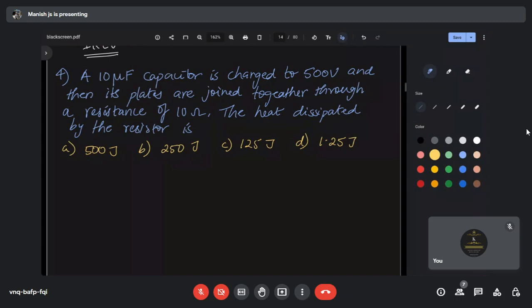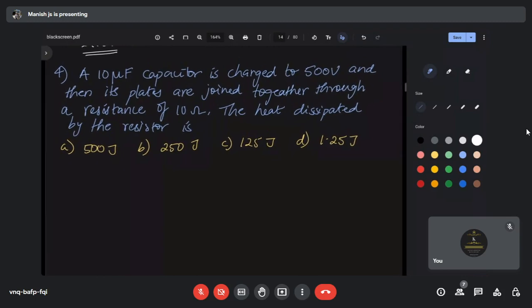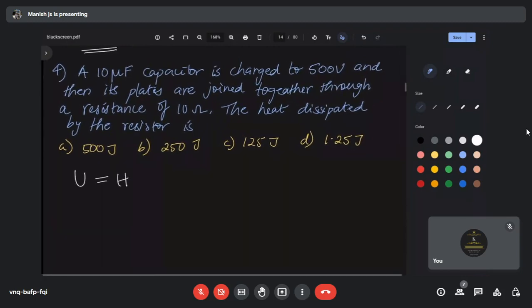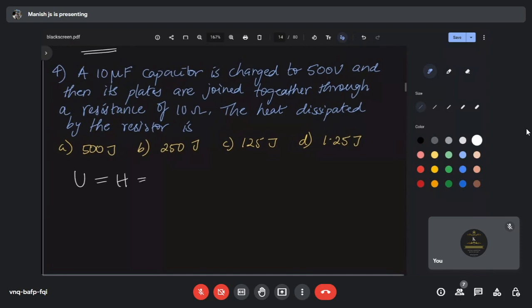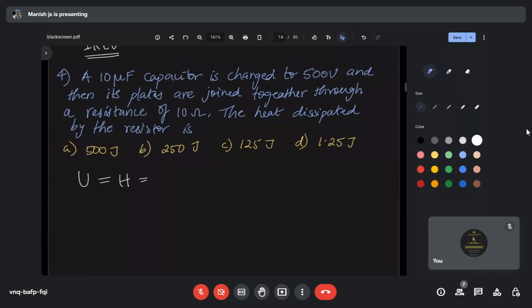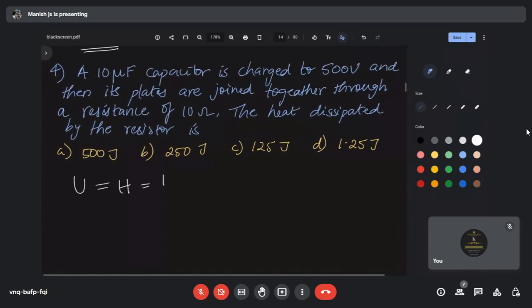Sir, 1.25 joule. Yes, 1.25 joule is correct. Tell me how you did it. Sir, E is equal to CV square divided by 2, sir. Yes, first it is energy. So energy and heat both are the same. So energy stored in the capacitor is equal to the heat produced, which is equal to CV square divided by 2.